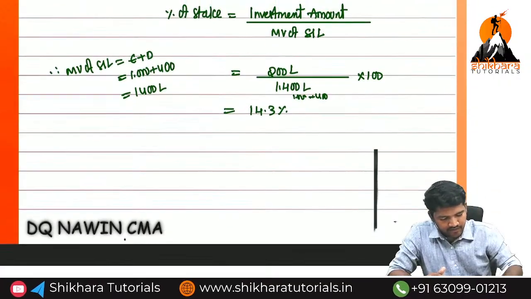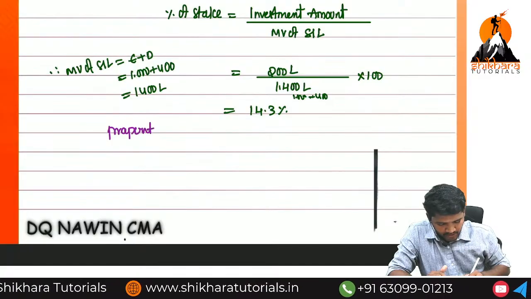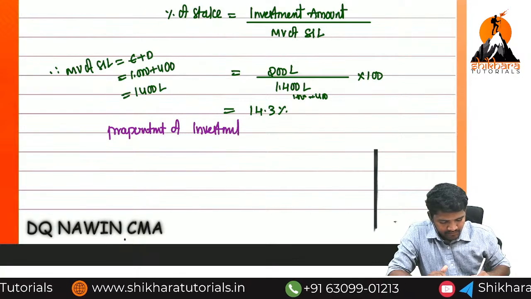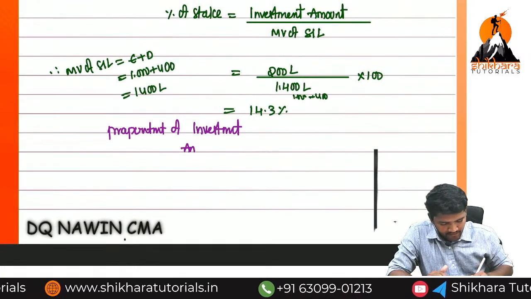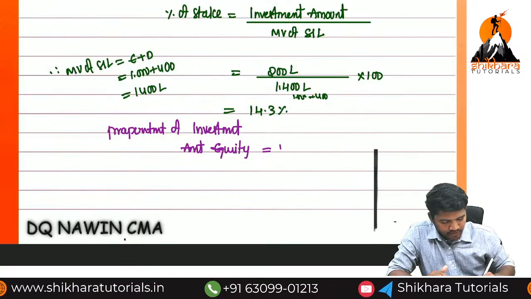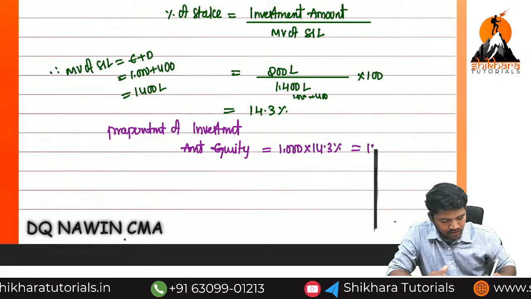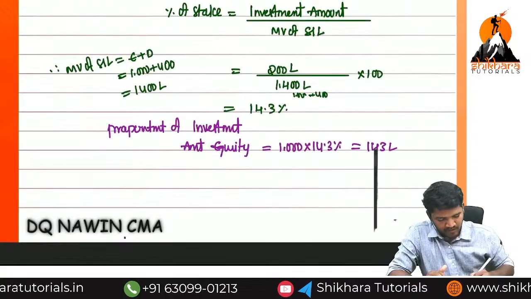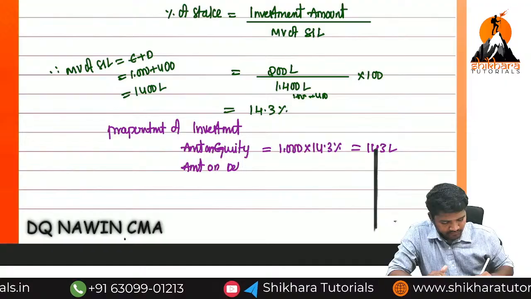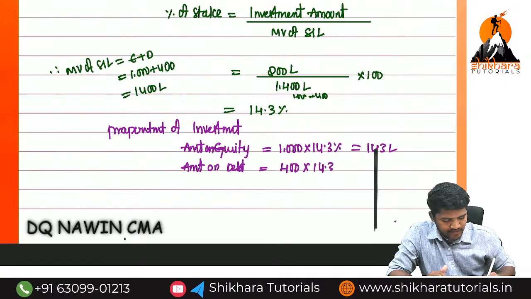Now for example, proportionment of investment. Amount on equity: that is equivalent to 1000 into 14.3%, 143 lakhs. Amount on debt: 400 lakhs into 14.3%.